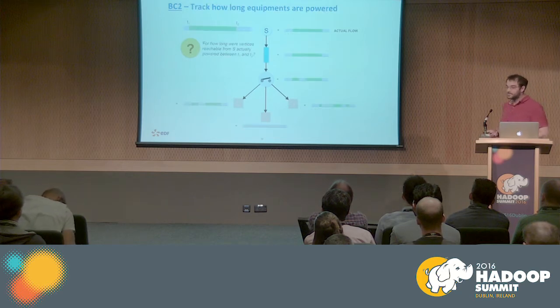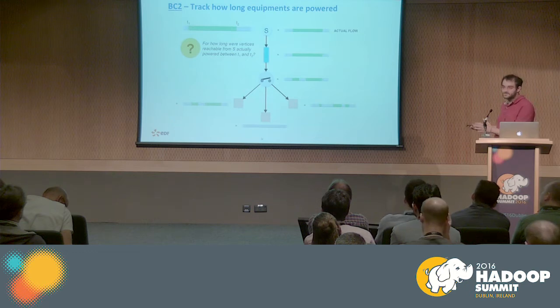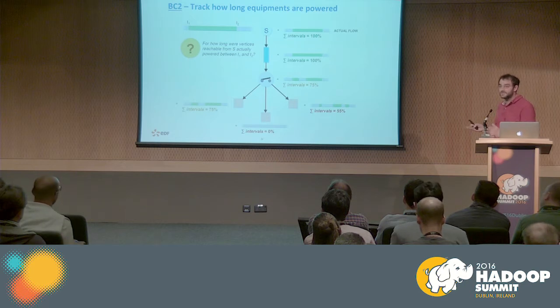The second use case is not that much complex, actually. This time we have a complete period of time, and we want to track how long the equipments were powered. We compute our actual flows, which yields, as usual, lists of intervals, and we simply sum up the length or the width of the intervals together.